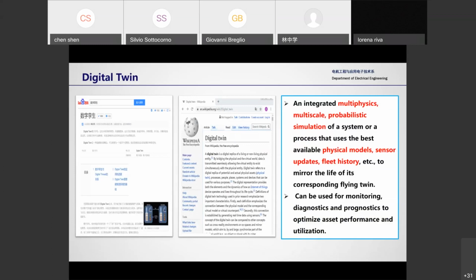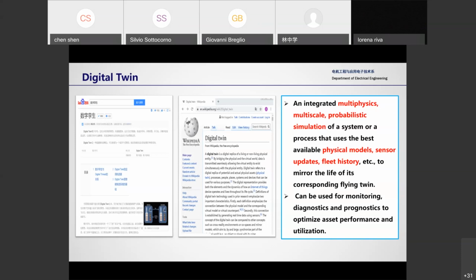It is said that the digital twin is an integrated multiscale probabilistic simulation of a system or a process that uses the best available physical models, sensor updates, fleet history, and so on to mirror the life of the corresponding flying twin.